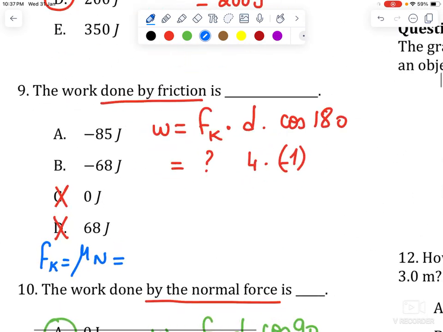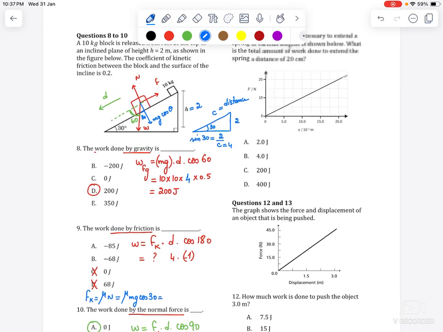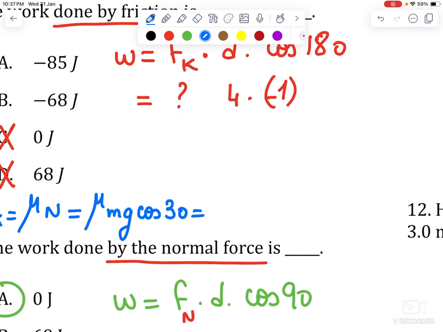Now replacing the normal by mg cosine of 30, the kinetic mu 0.2 by 10 by 10 by cosine of 30, which is 0.87, I will have it equal to 17.4.